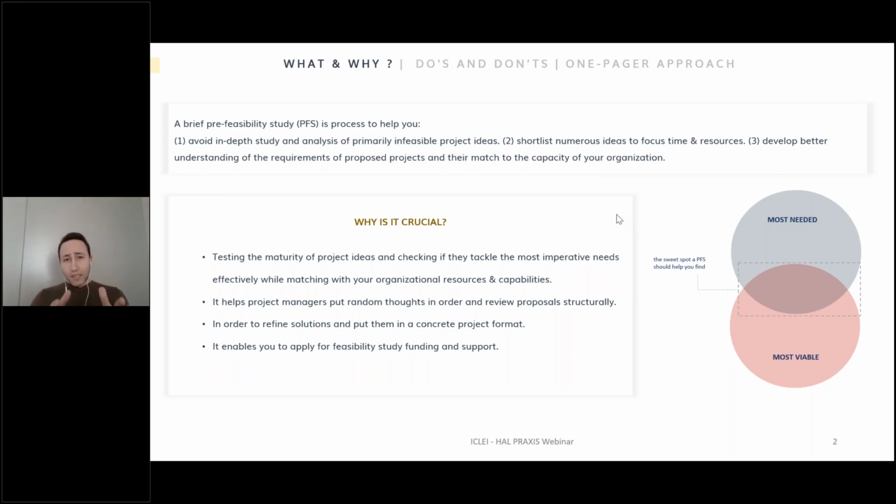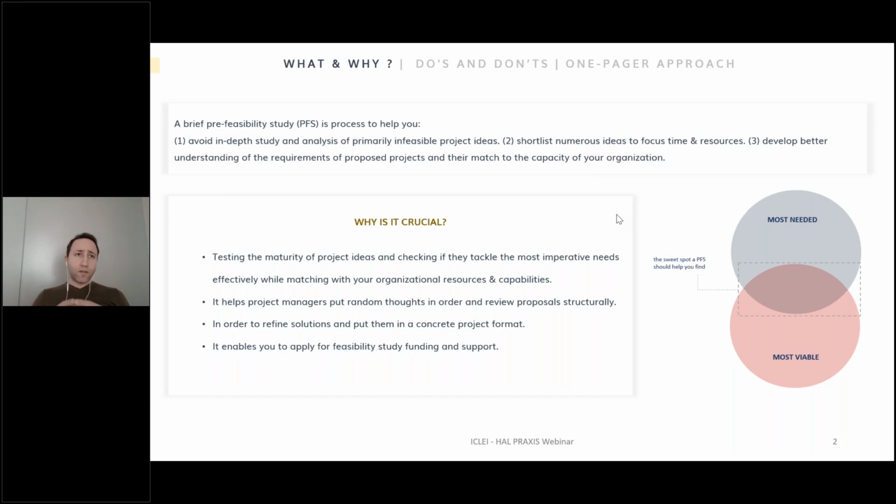One very important point, which I guess makes it extremely crucial for the people who are not convinced by the previous points, is that if you would like to have funding for your feasibility study, especially if you're working on sophisticated projects, let's say a big wastewater treatment facility or any multi-million-dollar project that needs an expensive and complicated feasibility study, you need to show any organization, whether it is non-governmental or a bank, a proper PFS so that they fund your feasibility study.